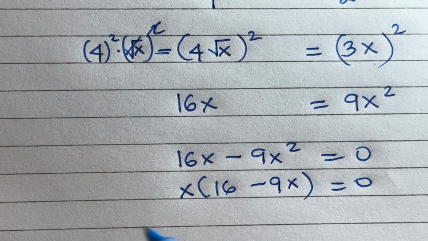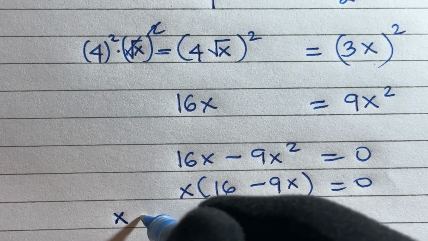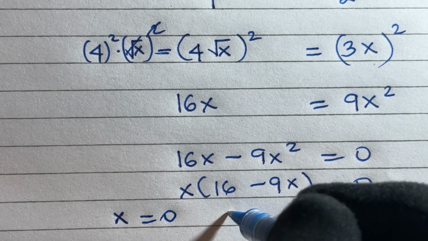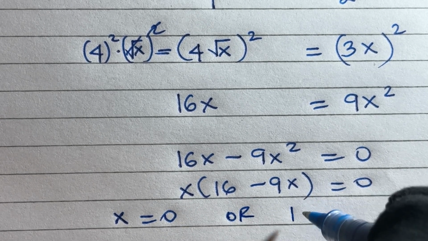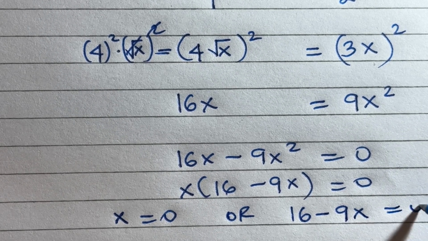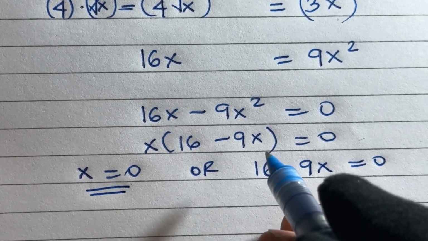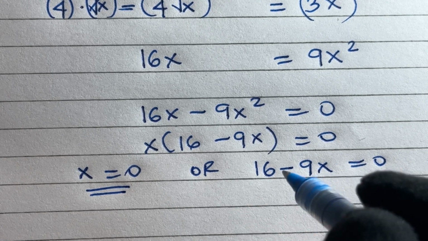And with this we can say either x is equal to 0 or 16 minus 9x is equal to 0. This is already a solution, but the second one can be solved further.